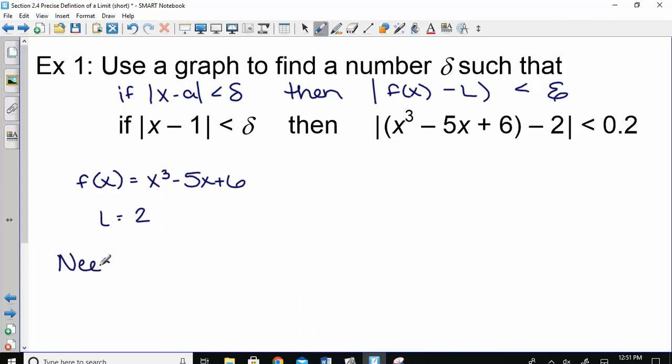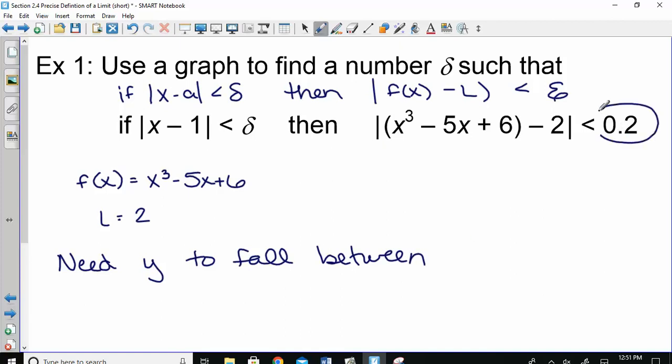Okay, so what this means is we need the y to fall between, this is saying we're within 2/10 of 2. So what values would that be? You could be 2/10 above or below?